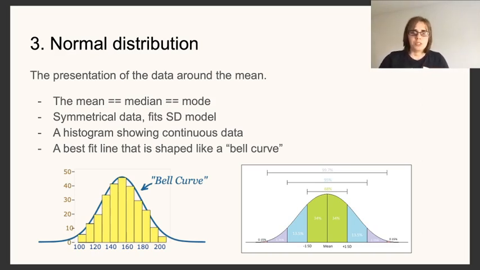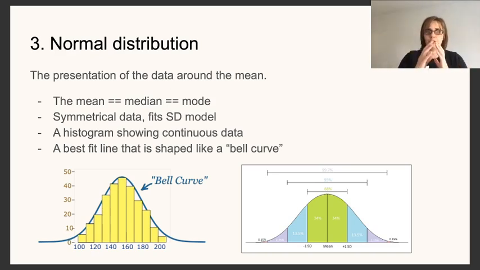But this is particularly valuable for things that we know fit a natural range. So time, for example, if you think of people who run 5k, there's a large chunk of people who run 5k within a certain range, and then you have a bunch of people who are particularly slow and a bunch of people who are particularly fast. The same with height.